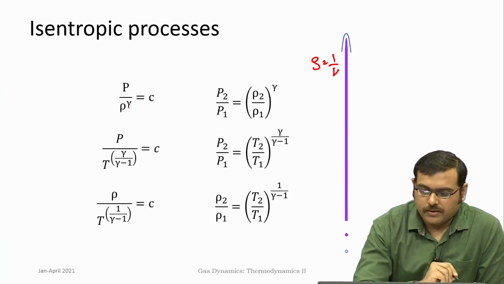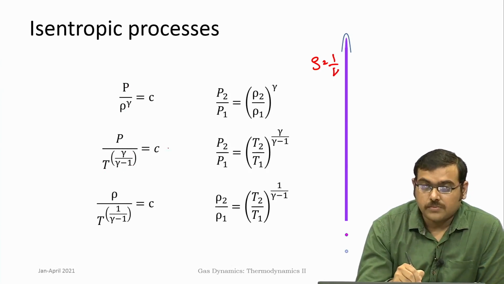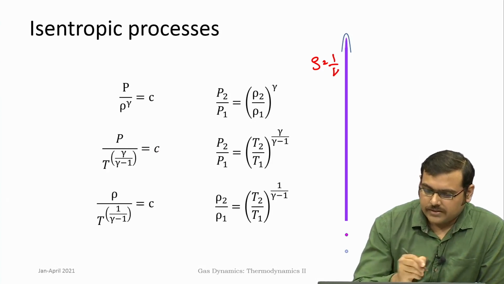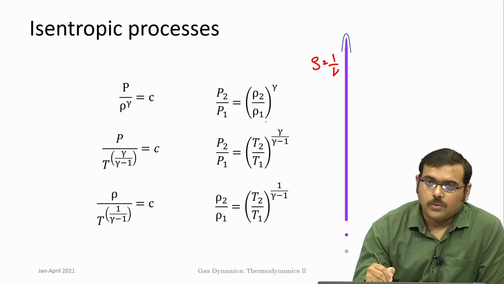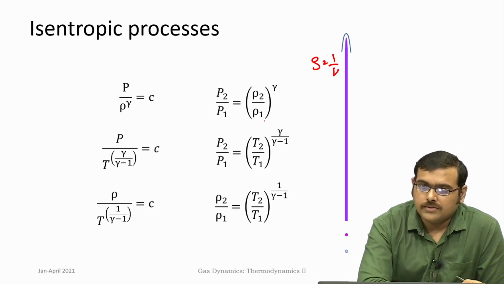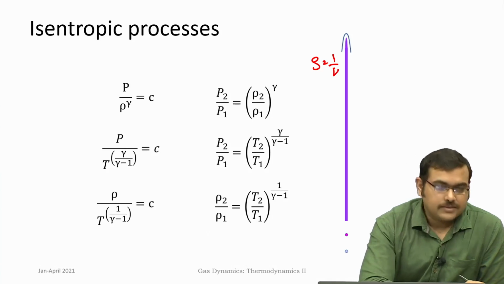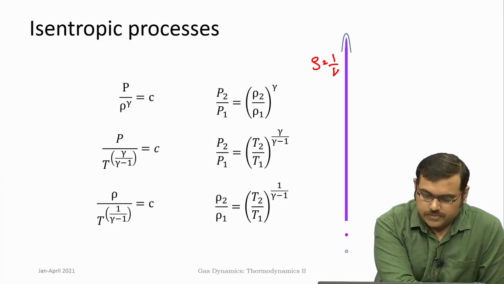So, P by rho power gamma is constant, or P by T power gamma by gamma minus 1 is constant, or rho by T power 1 by gamma minus 1 is constant. That gives us the relations between the pressure ratios, temperature ratios and density ratios when a system undergoes an isentropic process. This will become really important when we discuss certain modules of this gas dynamics course.